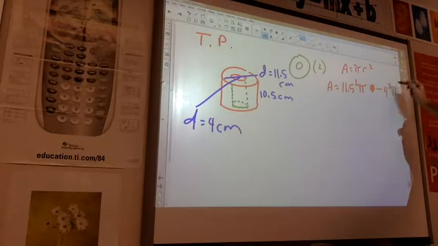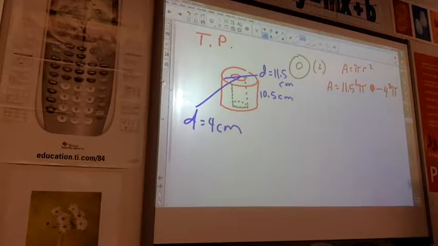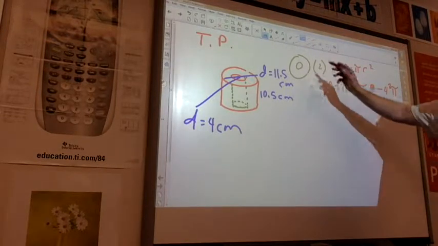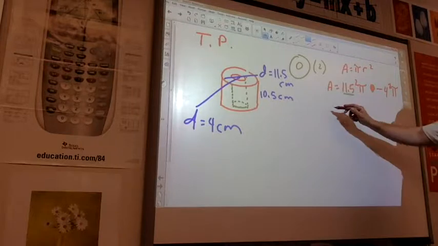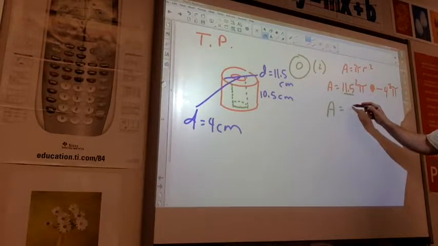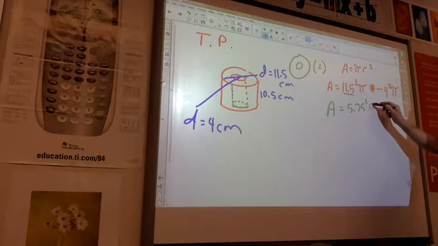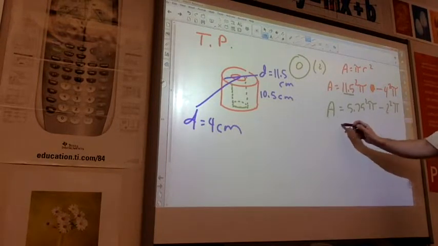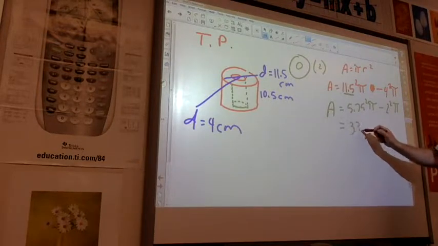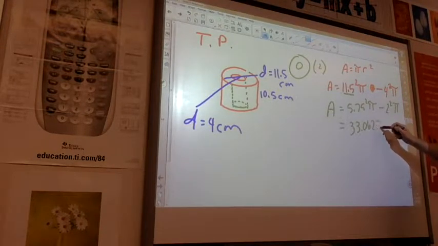Wait, I have the diameter, not the radius. So I need to cut that in half. So that's 5.75 squared pi, minus 2 squared. 33.0625.